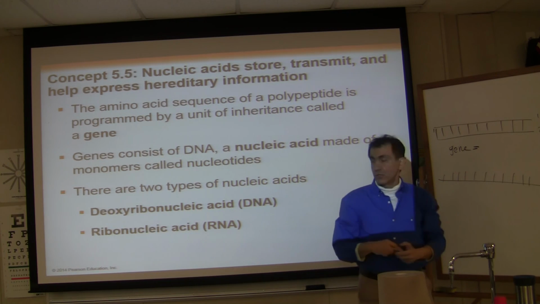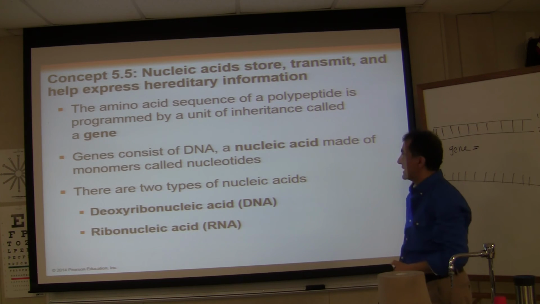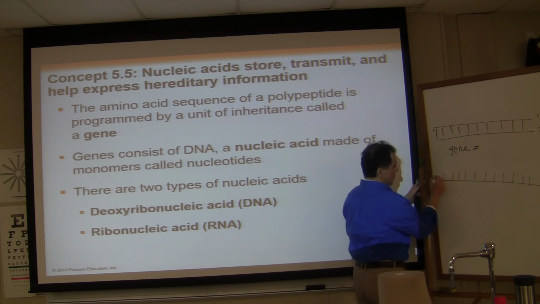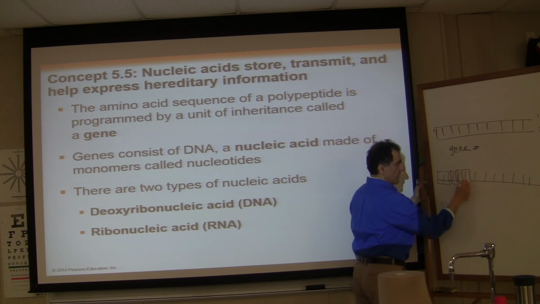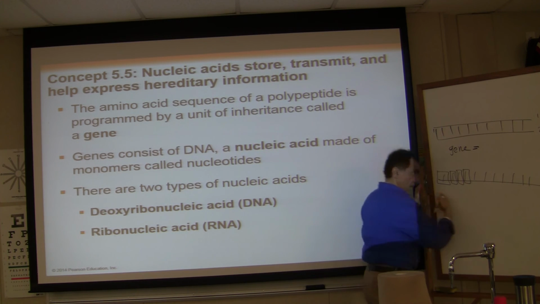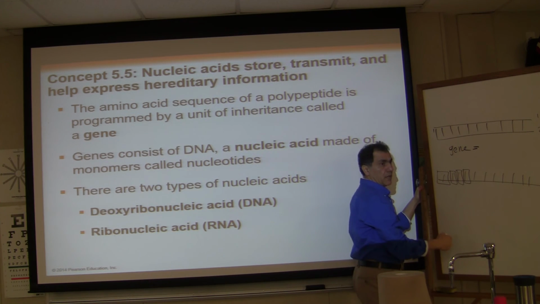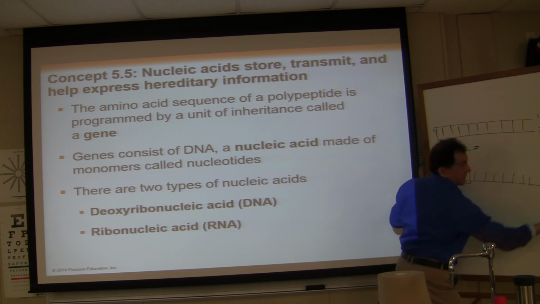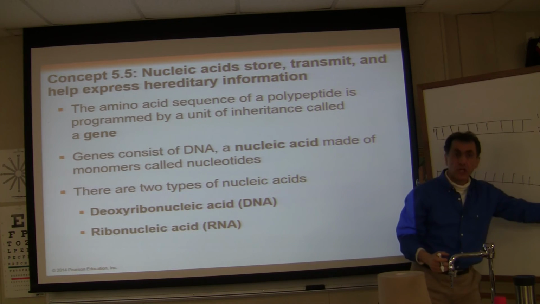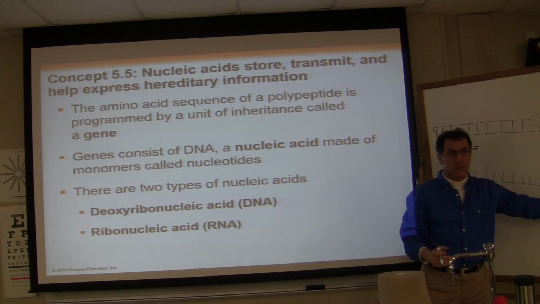That is called a nucleic acid, made up of monomers called nucleotides. This would be a monomer, another monomer, another monomer. Together it is called a polymer, and this polymer is called nucleic acid. It's not called protein.